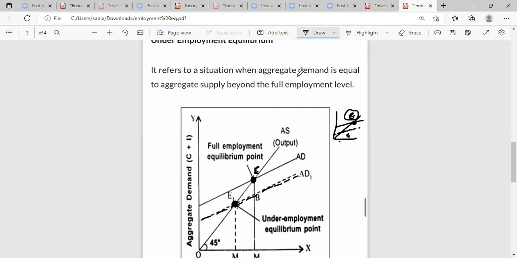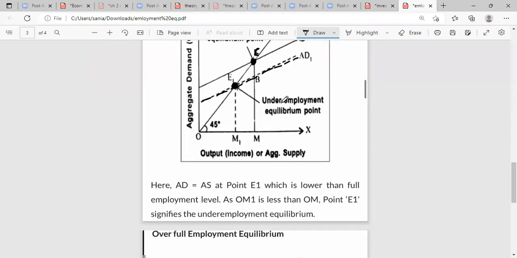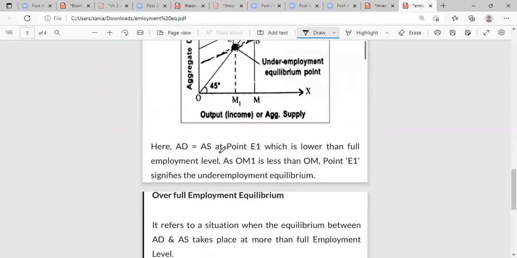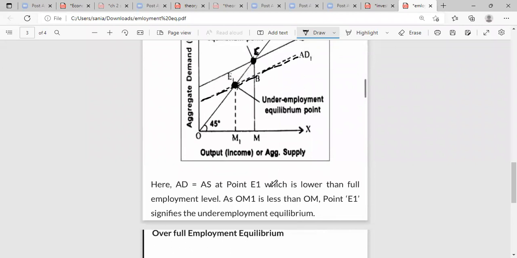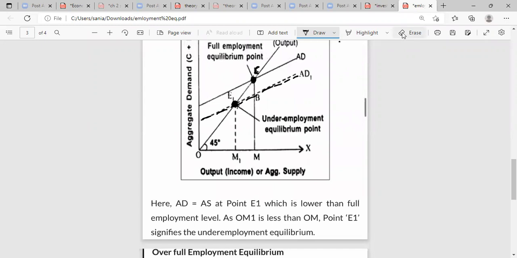So it refers to a situation when aggregate demand is equal to aggregate supply below the full employment level, right? Okay. So here AD is equal to AS at point E1, which is lower than full employment level. So over here, you are not getting equilibrium at point E. You are getting equilibrium at point E1. Getting the point?